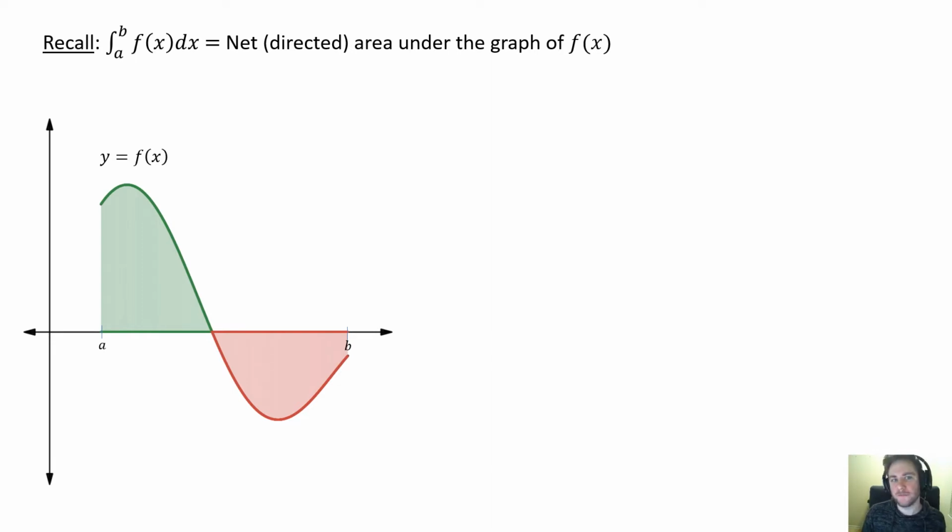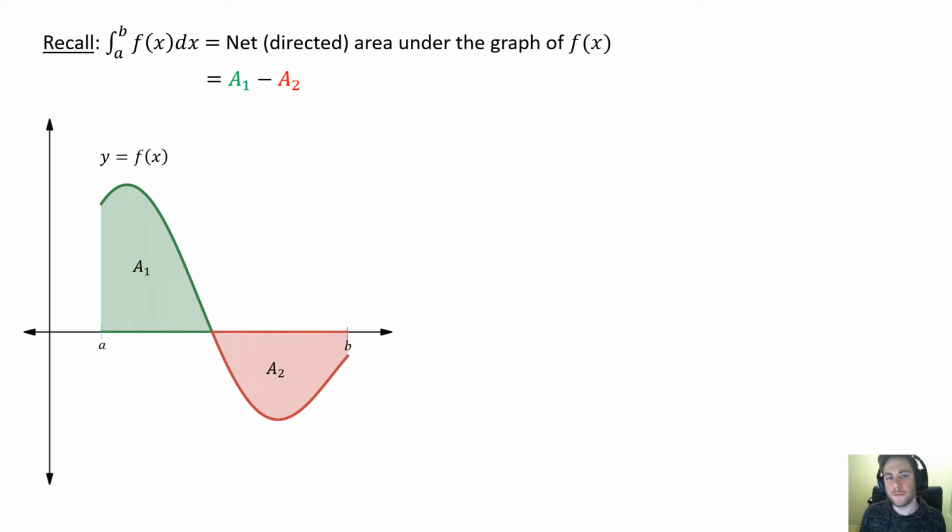What it does provide us with is the difference between two areas. More specifically, it's the area above the x-axis, which I've called A1, minus the area below the x-axis, which I've called A2. That's why I call it net directed area, because the area above the x-axis makes a positive contribution to the value of the integral, and the area below the x-axis makes a negative contribution. That's something you should have seen before.